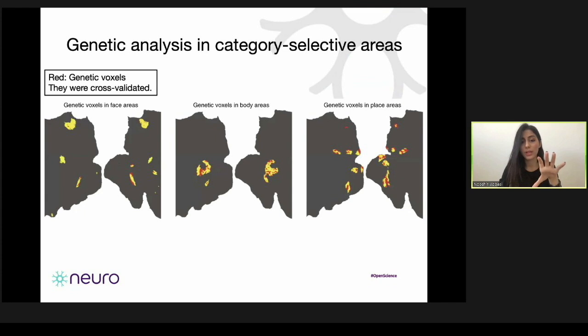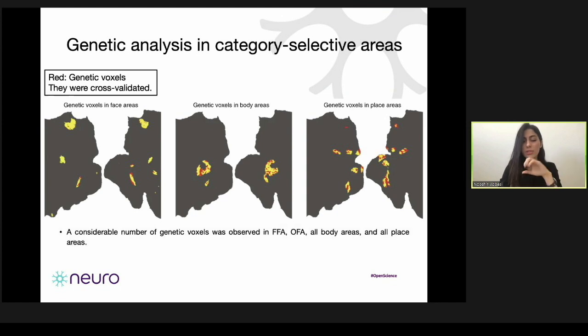We then visualize these voxels here in red, you can see them. And these are the voxels that are highly influenced by the genetic components. And we can say that a considerable number of genetic voxels was observed in almost all of these patches. However, the genetic influence was heterogeneous within these areas, and only part of these patches showed the genetic voxels.